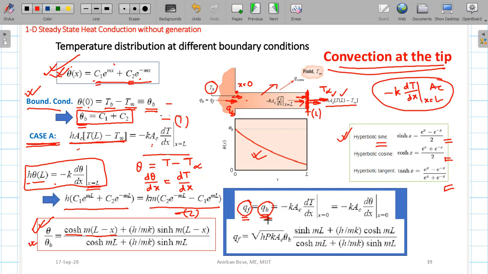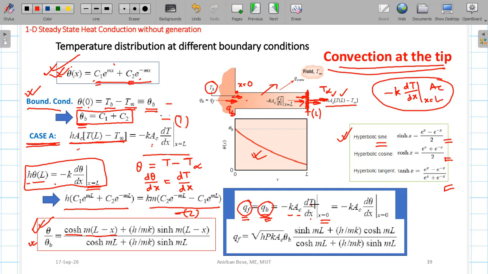To find the Q base, you can apply Fourier's law of heat conduction, that is minus K times the cross sectional area at the base into dT/dx at x is equal to 0, because x is equal to 0 indicates the base. The temperature gradient at the base you can easily find out, because you already know the temperature distribution inside the fin.